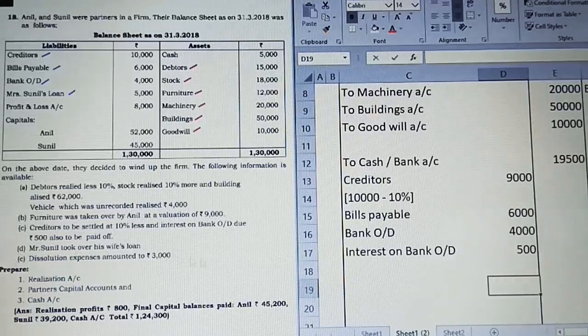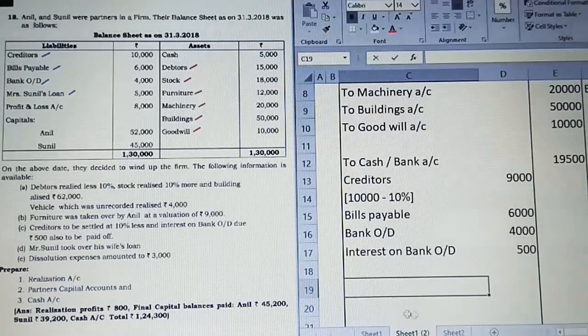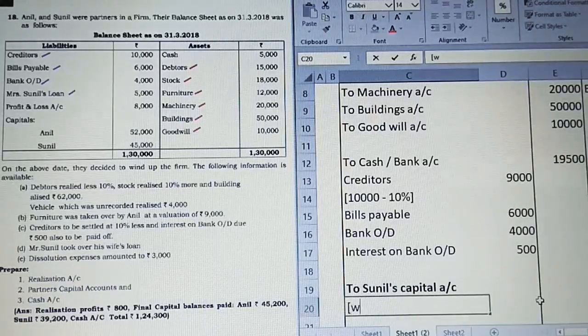Mr. Sunil took over his wife's loan. So Mrs. Sunil's loan is taken up by Mr. Sunil. So it's going to be to Sunil's capital account. Just write wife's loan taken over.